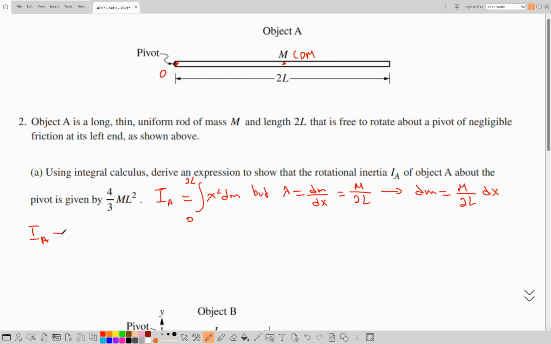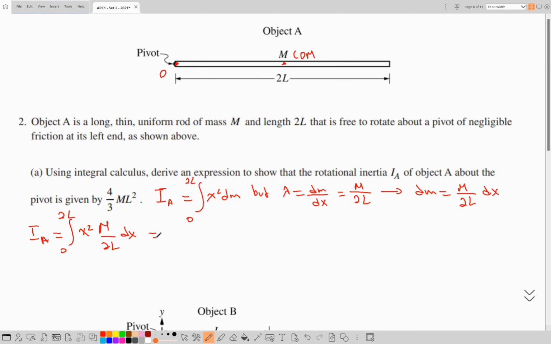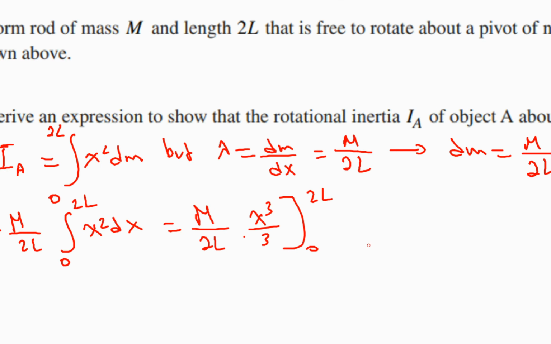I_A would be the bounded integral from 0 to 2L of x² times M divided by 2L times dx. Now M over 2L is a constant and can be pulled out, leaving the integral from 0 to 2L of x² dx. The antiderivative of x² is x³ over 3, from 0 to 2L, and we compute this once at 2L and once at 0.